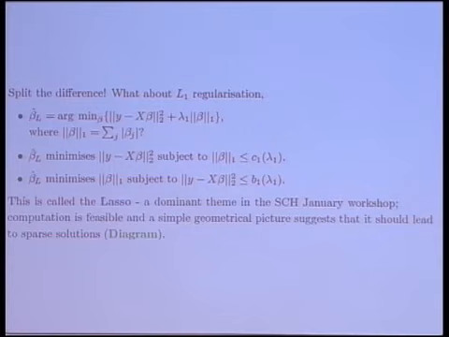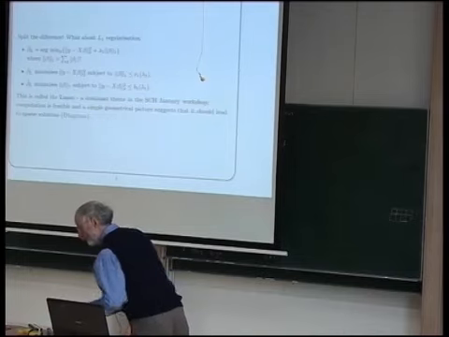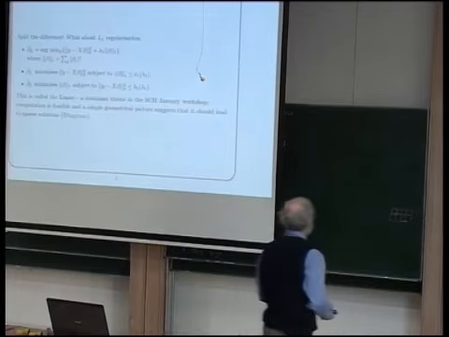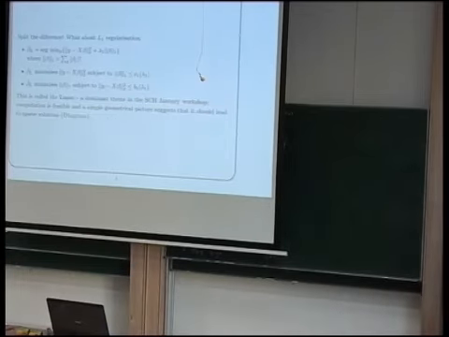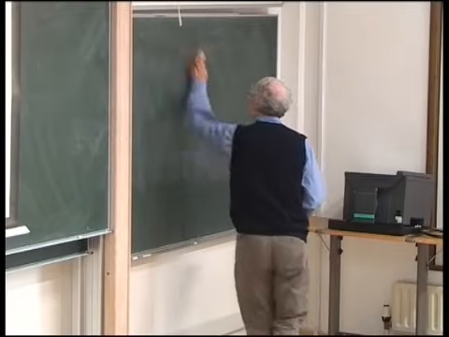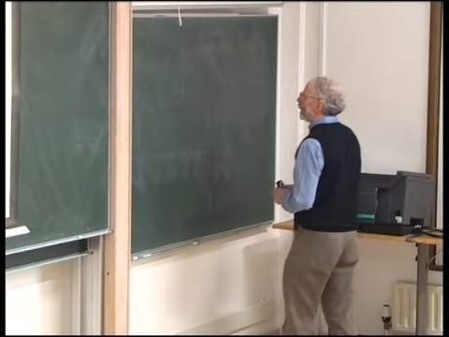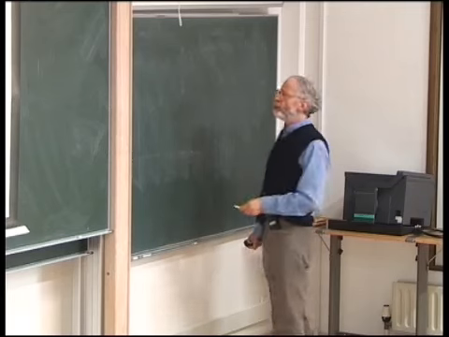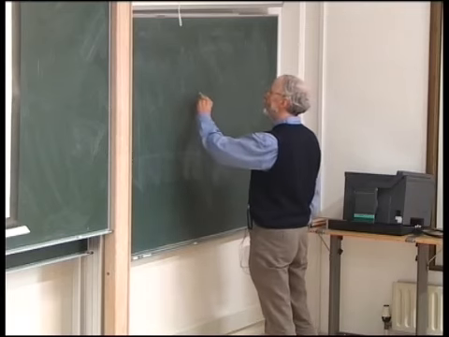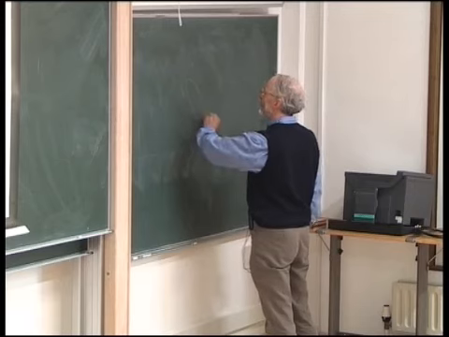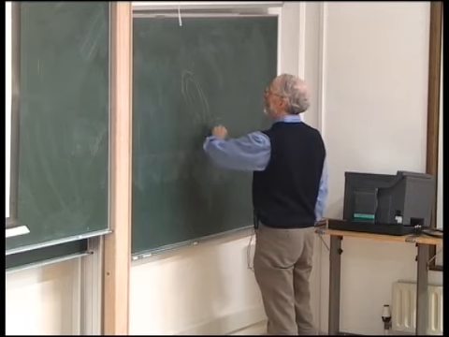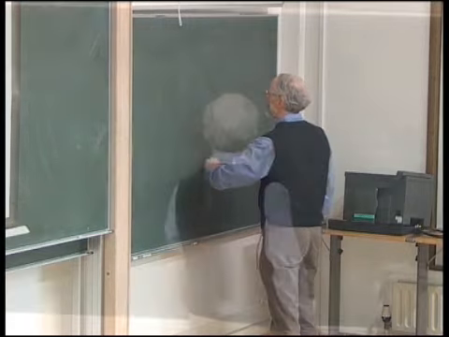Oh, I better draw it. So the picture, compared with L2 regularization, says, well, we've got this sum of squares function, and it defines some ellipses.